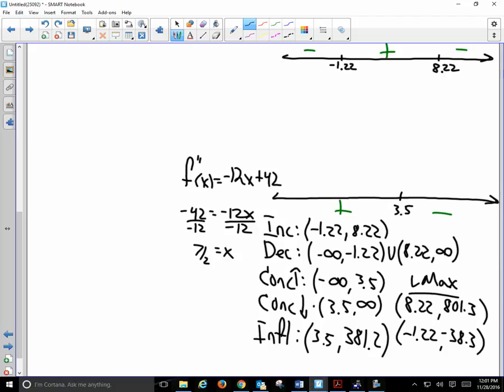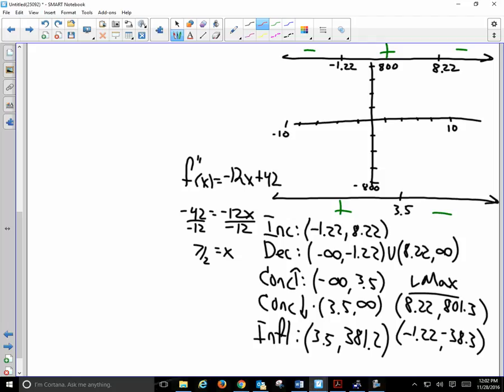And I'm going to make a graph. I'm doing 4 dashes for the y value. So I'm making my graph 10 by 800.